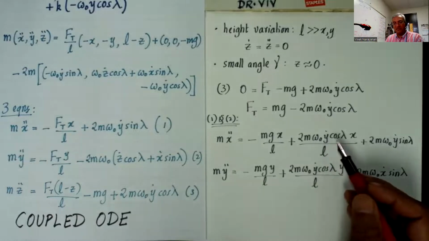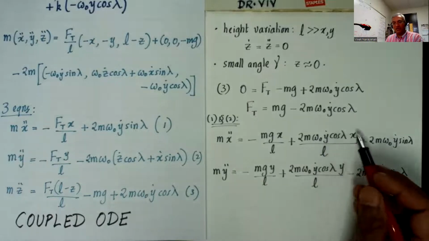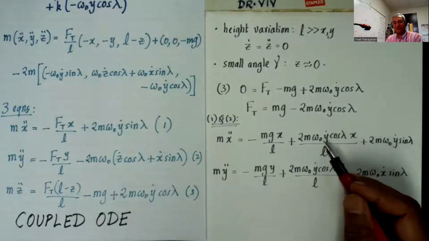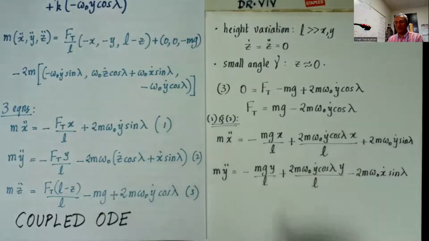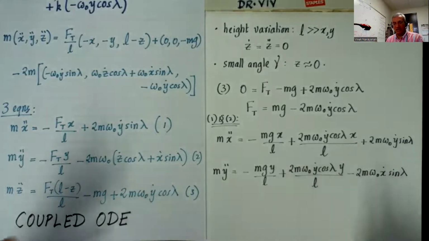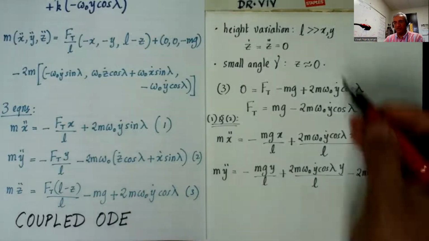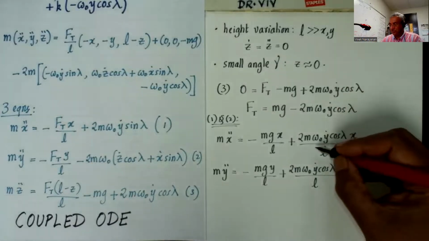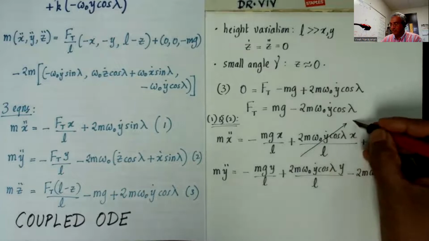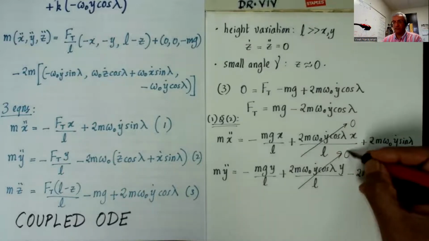But now we realize it's not only coupled, but it's also nonlinear. It's got terms like x y dot, y y dot, and so on. These nonlinearities make this a very unstable system to solve on the computer, especially for large values of x and y. But we know that x and y are not large. They're going to be really small because of this assumption. So I'm just going to say that these mixed terms are going to be 0 for that reason.